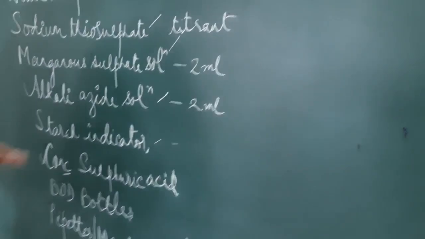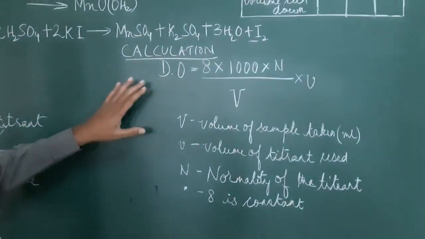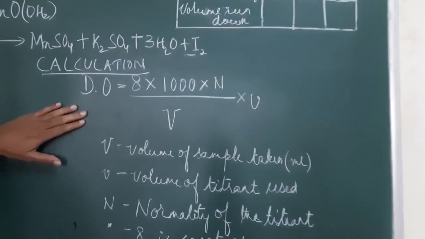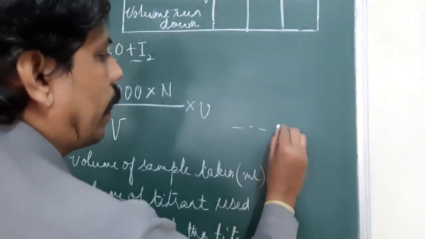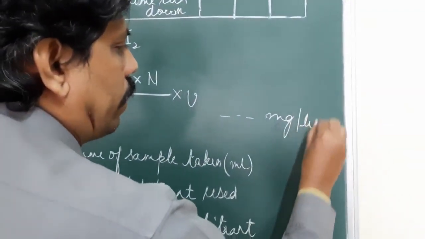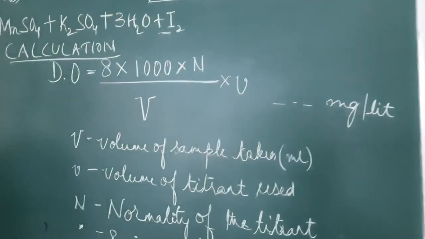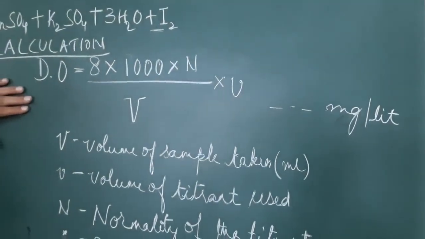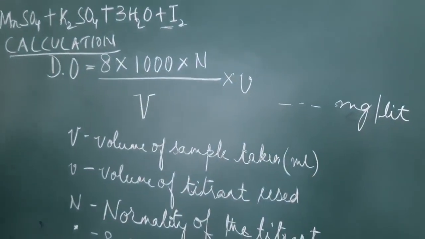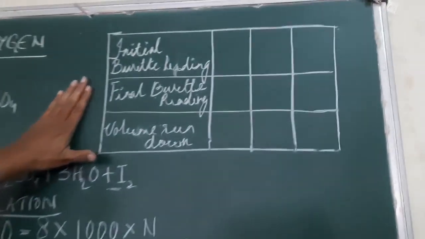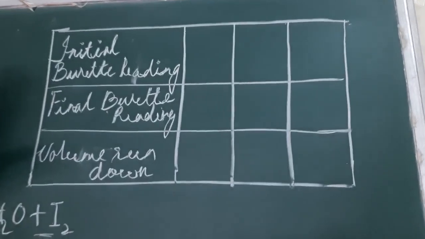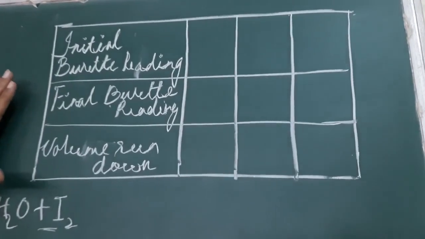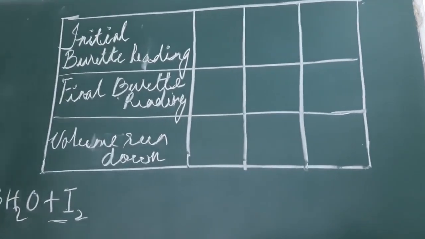For the calculation, dissolved oxygen is always expressed in mg per liter. So this is the formula that we will be using for the calculation of the dissolved oxygen. This is the table which we need to know to begin the titration.